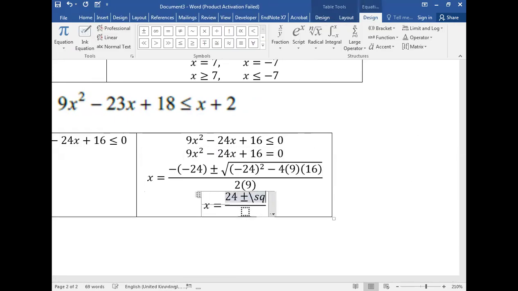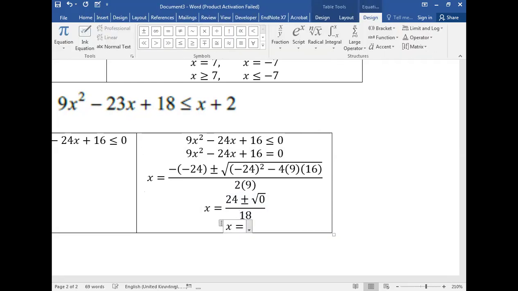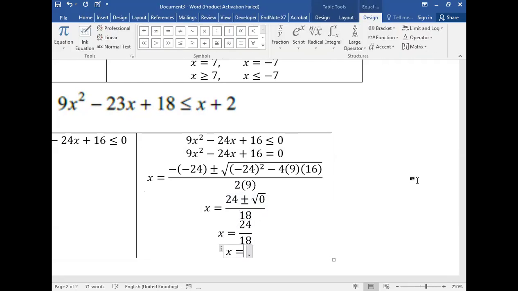So 24, can you tell me what do you get inside the square root? Zero. So how many critical values do you end up getting? 24 upon 18, which is 1.5.